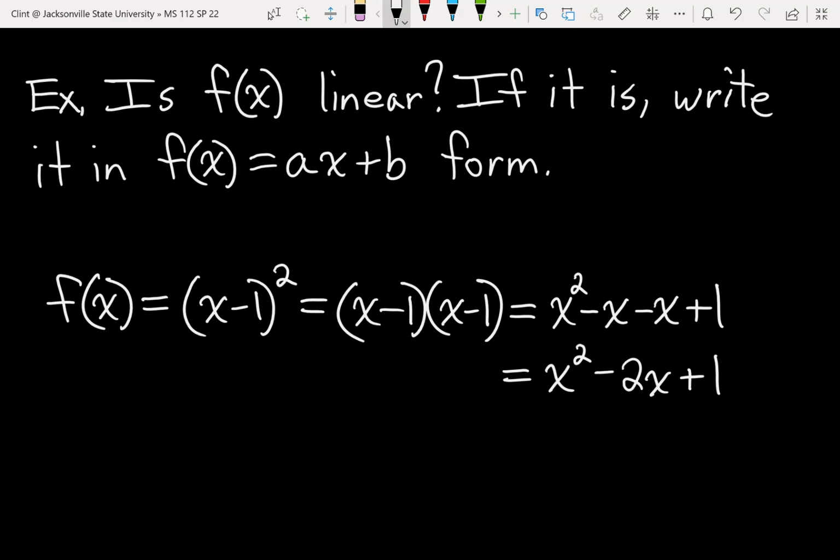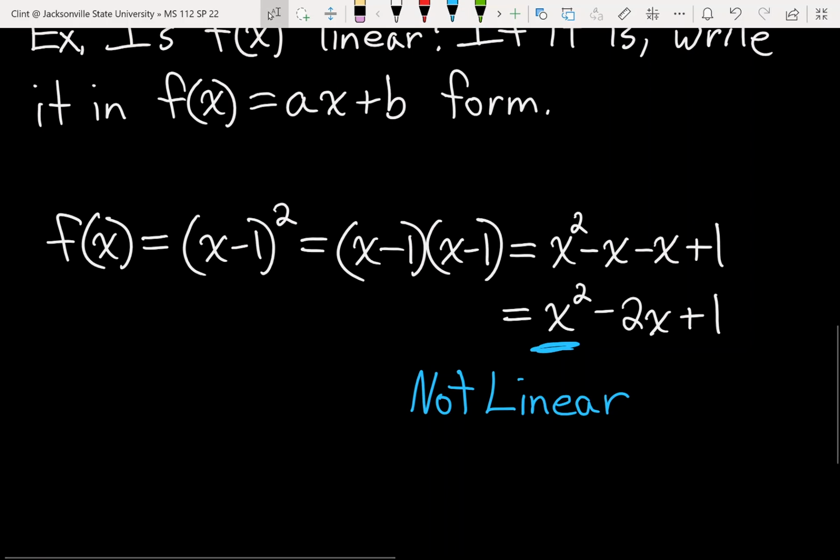And there's no way that we can take this thing and write it in ax plus b form because we've got this x squared term in there. Okay. But there's no way we can get rid of that x squared term, so because of that, this one is not linear.